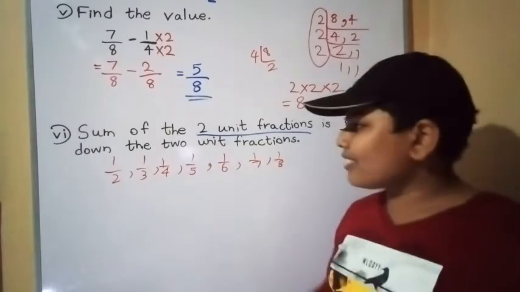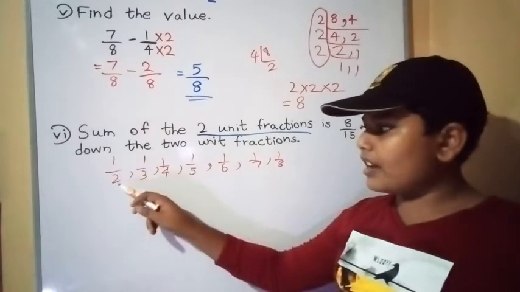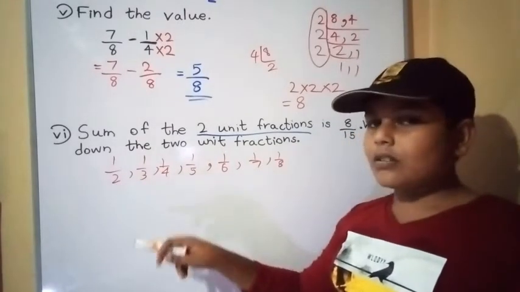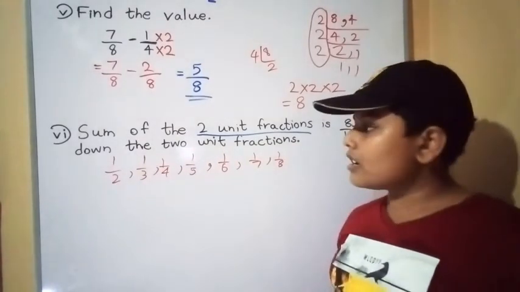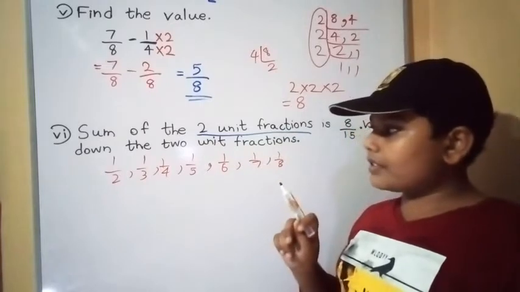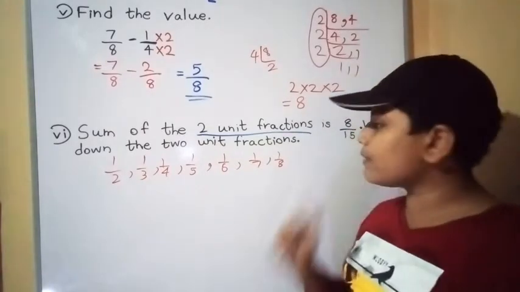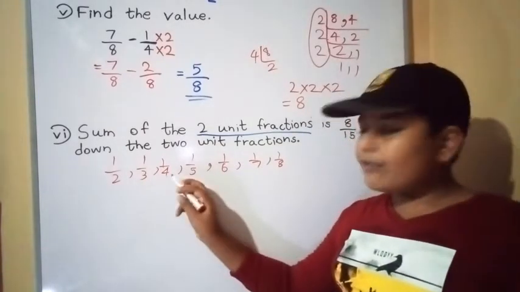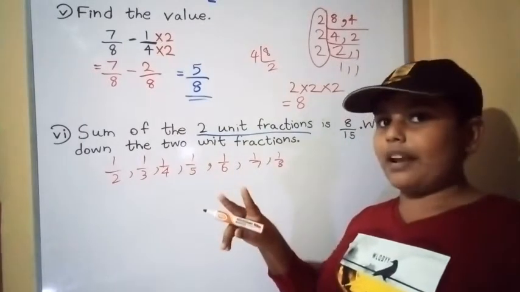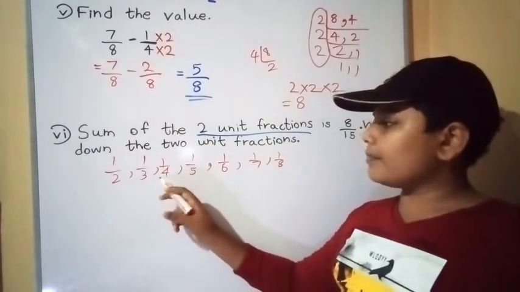Now you get a half and a quarter, 3 multiplied by 2 is 6, not 15. Now you get 3 times 4 is 12.